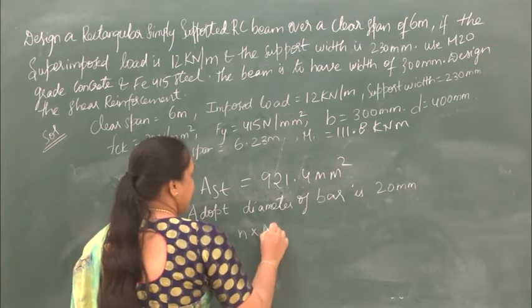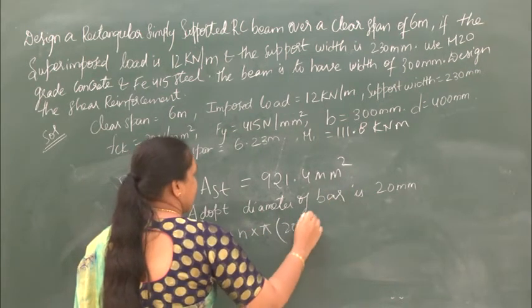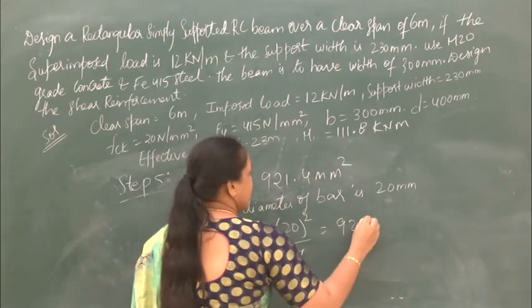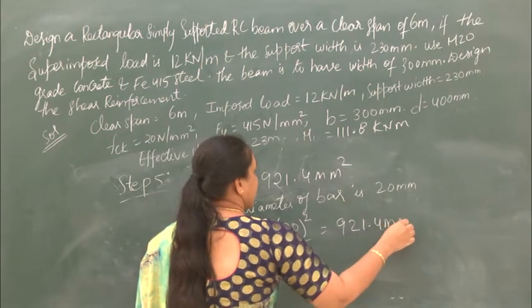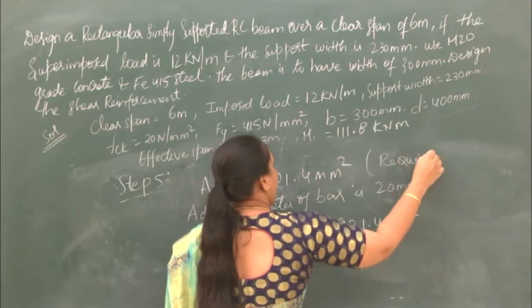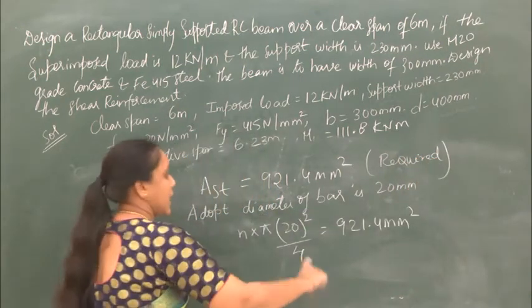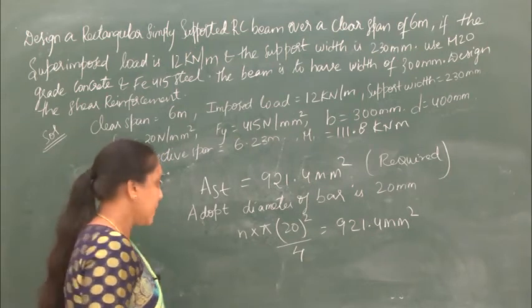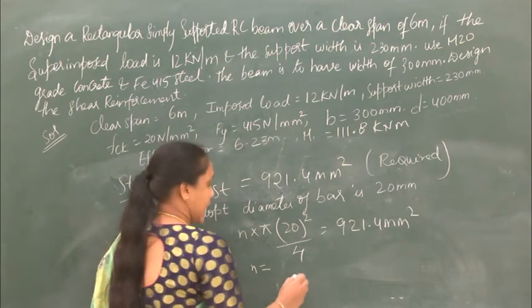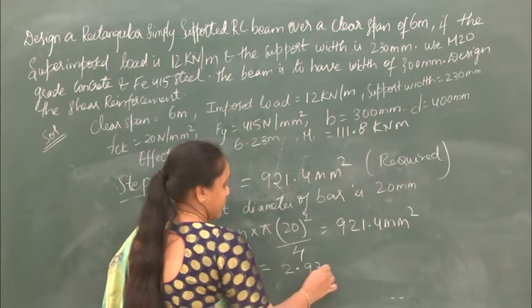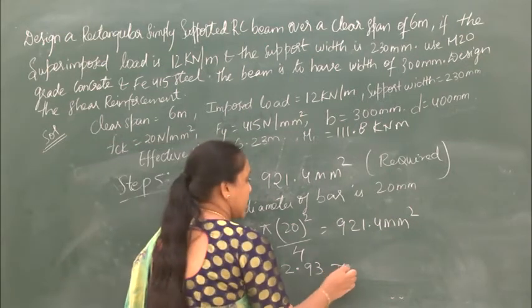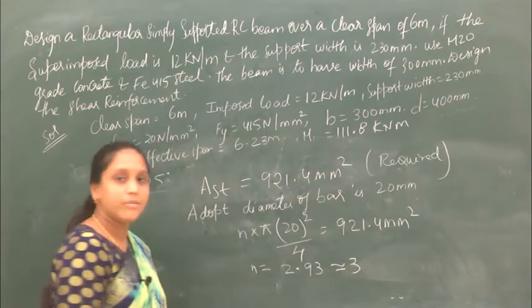So n × π × 20 squared divided by 4 will be equal to the area of steel required, which is 921.4 mm square. From this you can calculate the value of n, which you will get as 2.93. As we cannot provide 2.93 number of bars, I am approximating it to 3 number of bars.